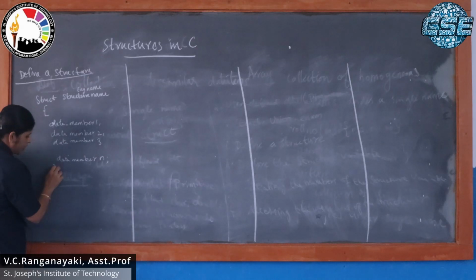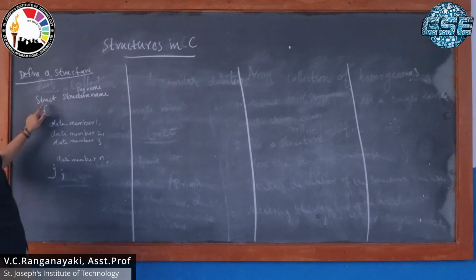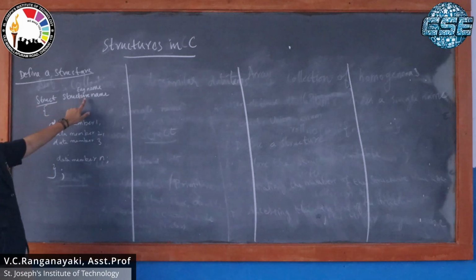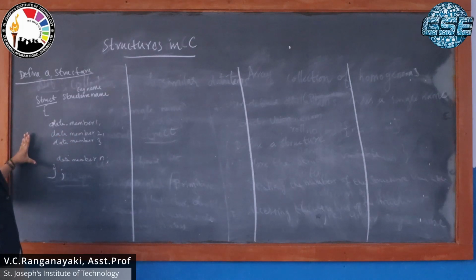And close. After this, we need to give a semicolon. So first is the keyword struct, and after that we give a structure name. Inside the braces, we give the data members of that particular structure. At last, we give the semicolon. This is the syntax of defining a structure.